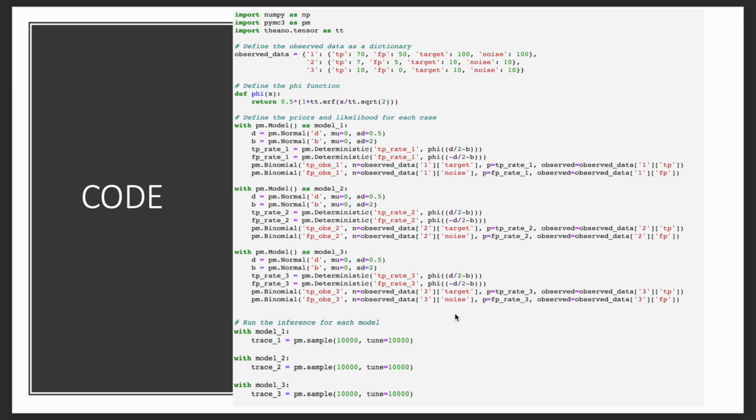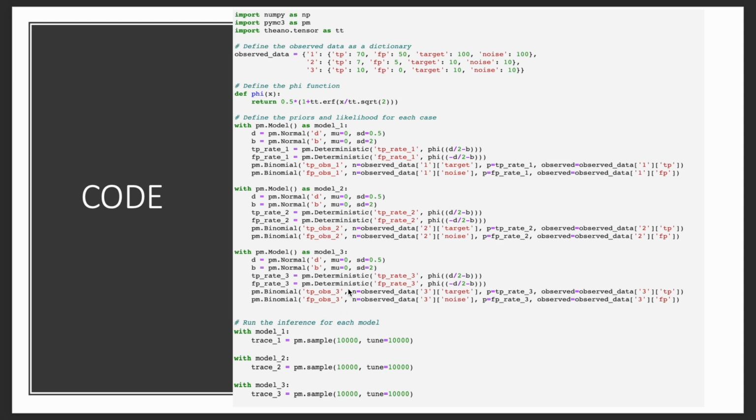Here ERF stands for the error function, which is a mathematical function used to measure the probability of a value falling within a certain range. It is defined in the Theano tensor module of PyMC3. This function is used to model the probability of each model correctly classifying a positive sample as positive and incorrectly classifying a negative sample as positive, that is, false positive.